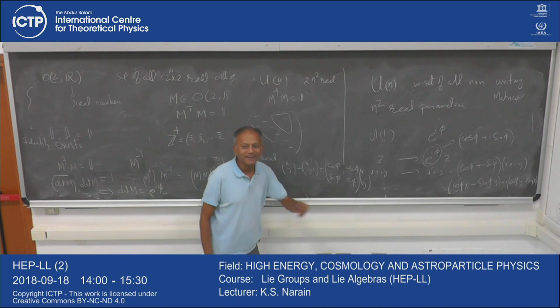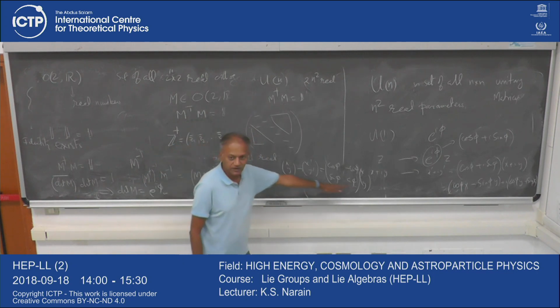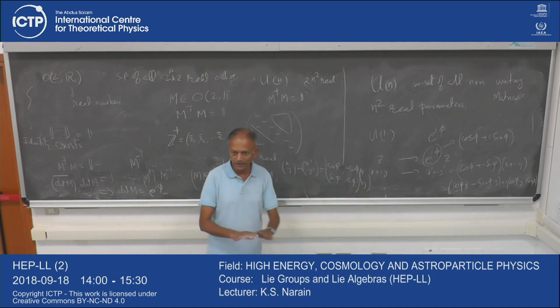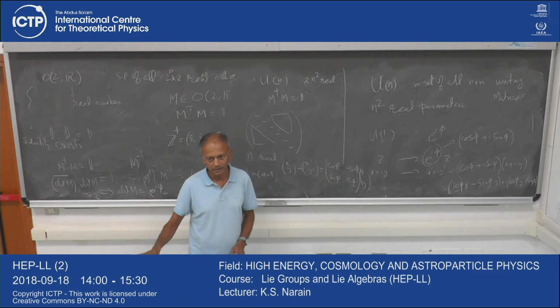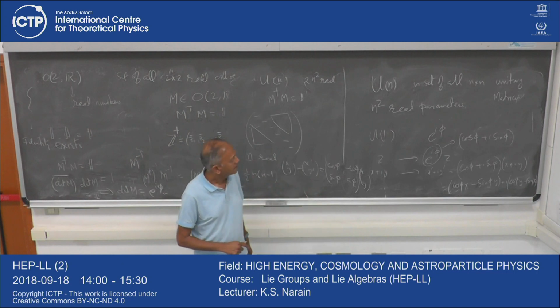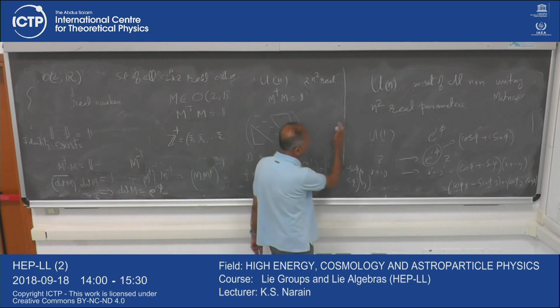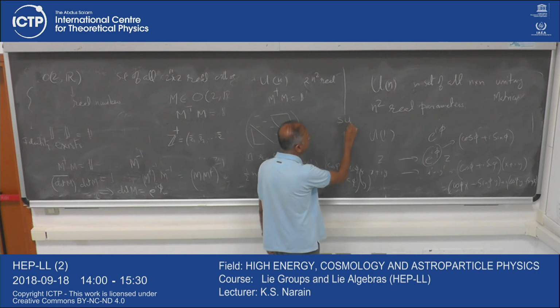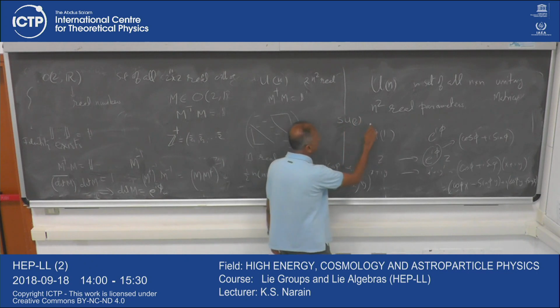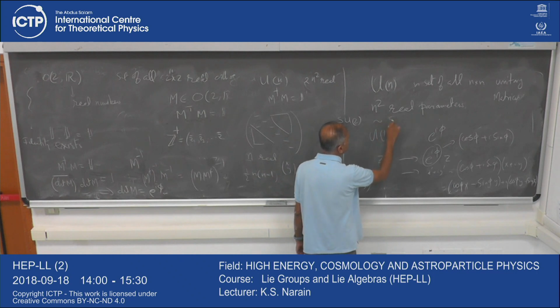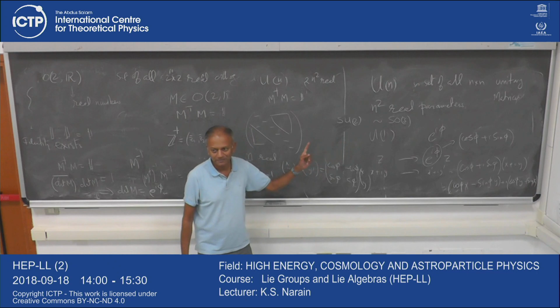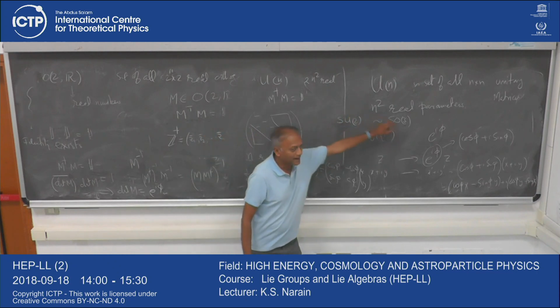In this particular example, U(1) is exactly isomorphic to SO2, not O2, because this is connected. But we'll see that on Thursday probably, that if you take SU2, then this is almost the same as SO3, but not quite. It's a 2-to-1 now. Two points here will be mapped to one point there.